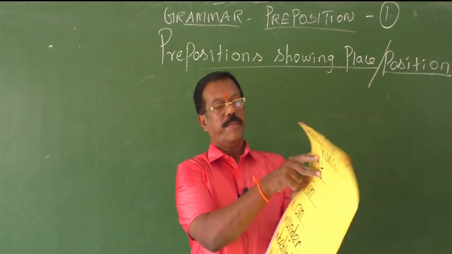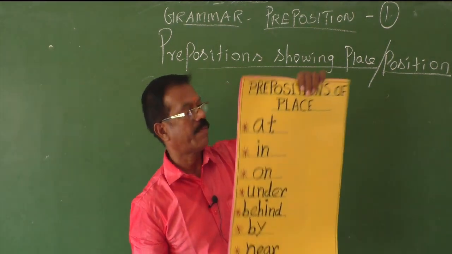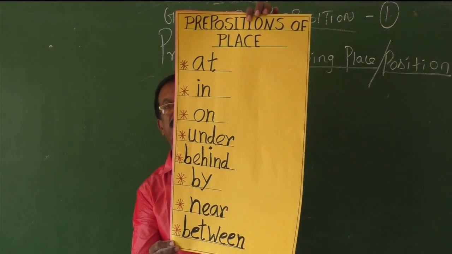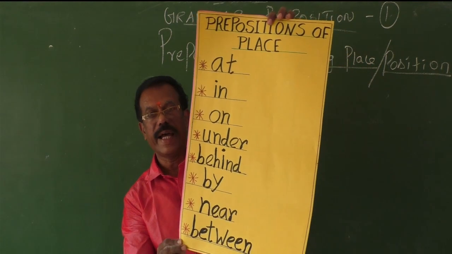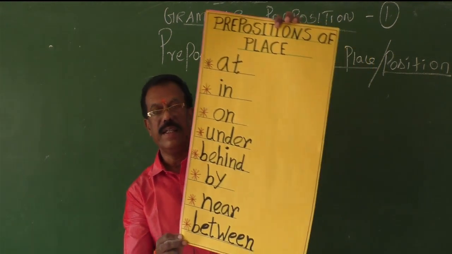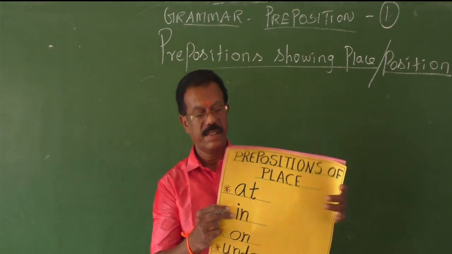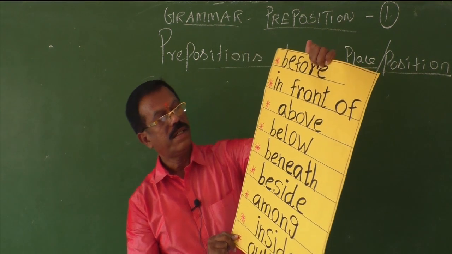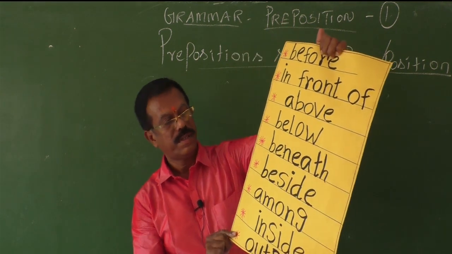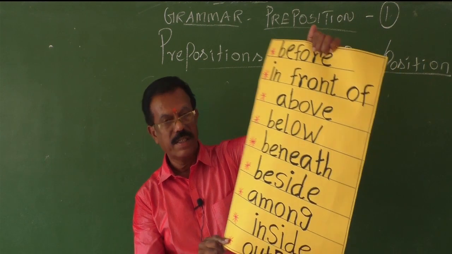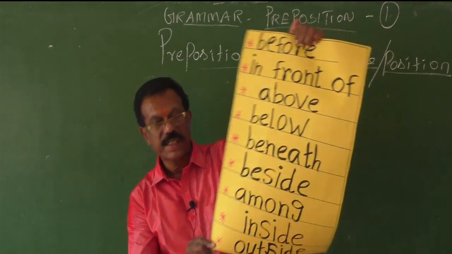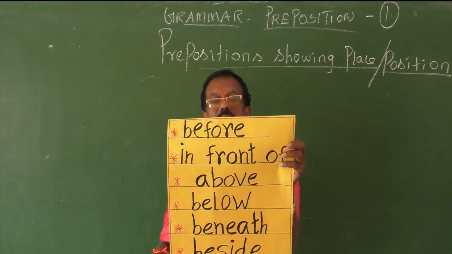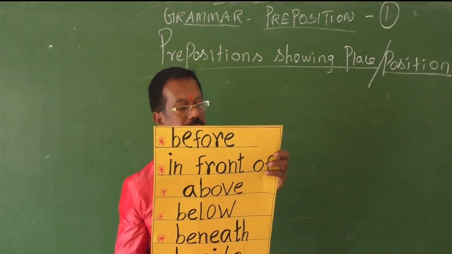This shows you prepositions of place: at, in, on, under, behind, by, near, between, before, in front of, above, below, beneath, beside, among, inside and outside. These prepositions are also called prepositions of place and position.